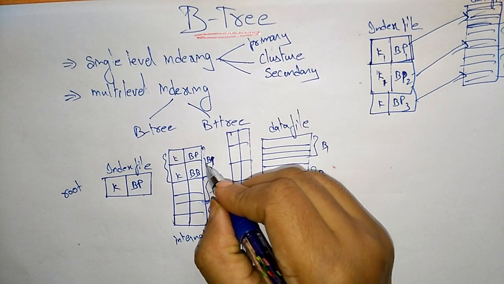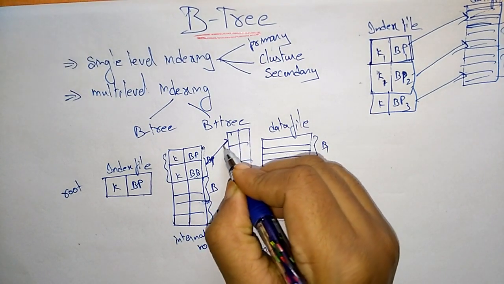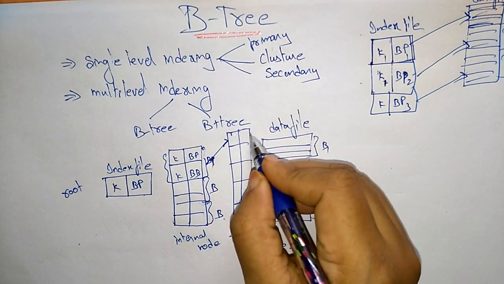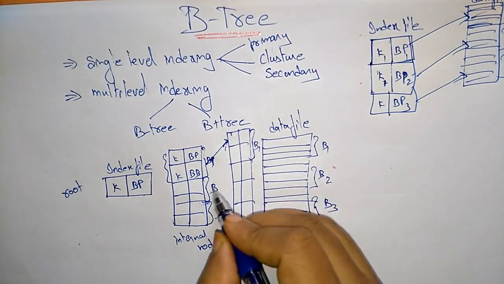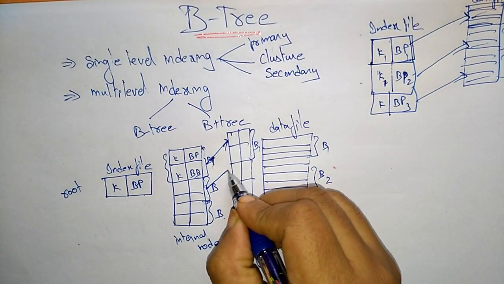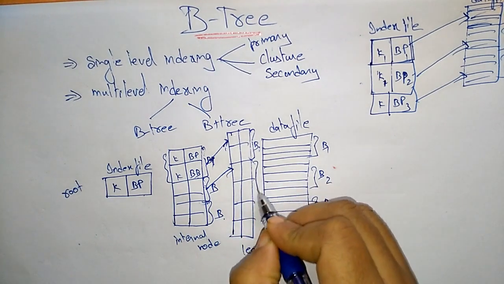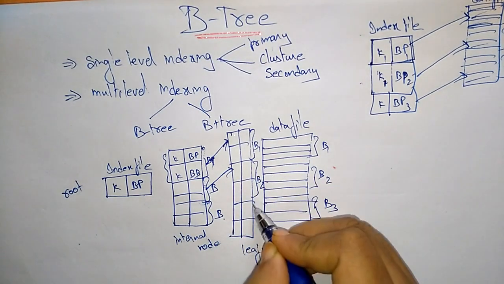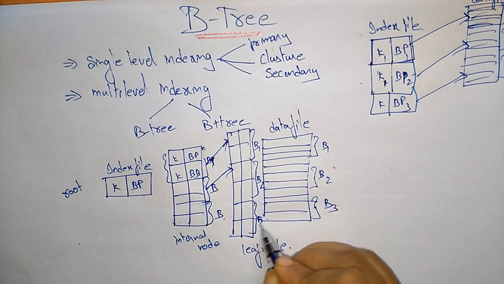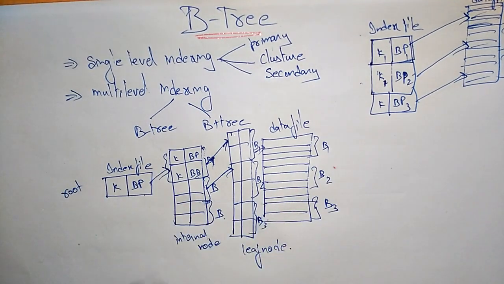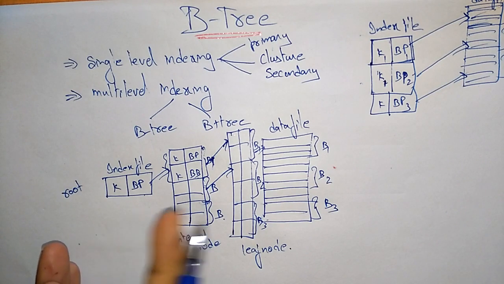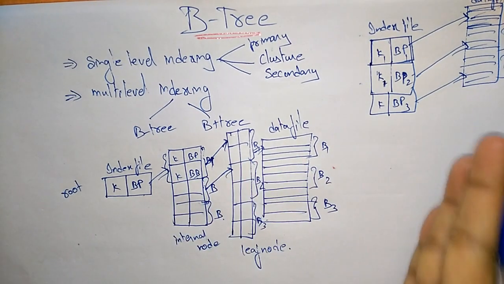This particular block communicates with one block, and that record is present in another block. This block communicates with here, and here it has a set of records in each block. So like that, you can see different levels are there. This you call multi-level.